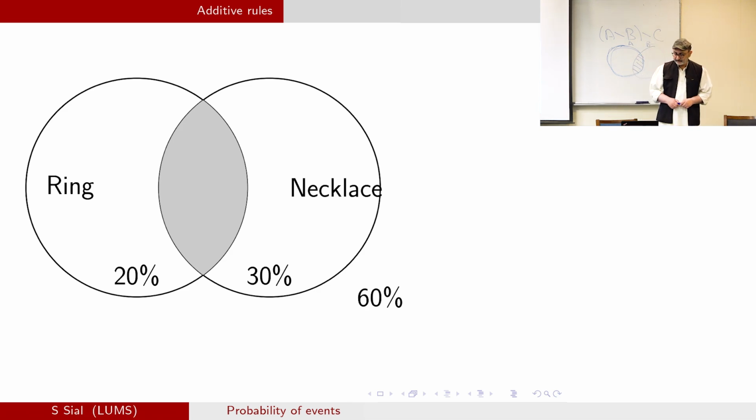There are 60% who are not wearing a ring or a necklace. 20% of the students wear a ring. 30% wear a necklace. Some might be wearing both. Okay, so that's the situation.